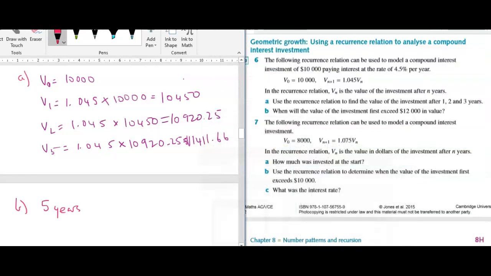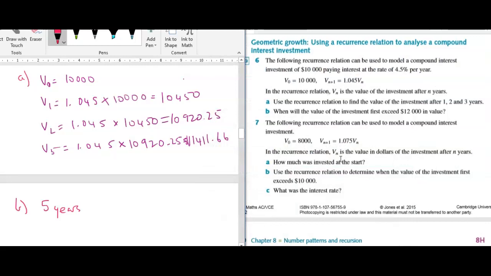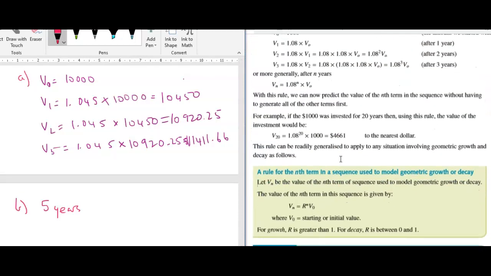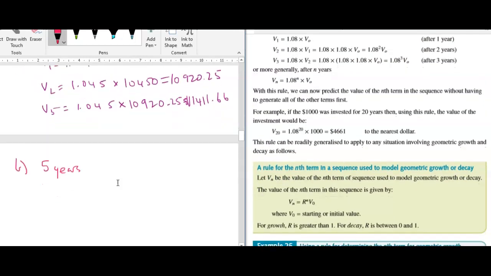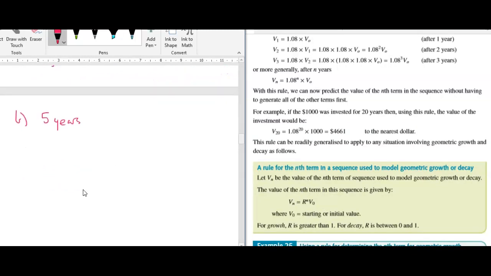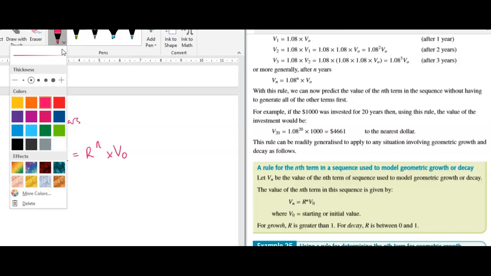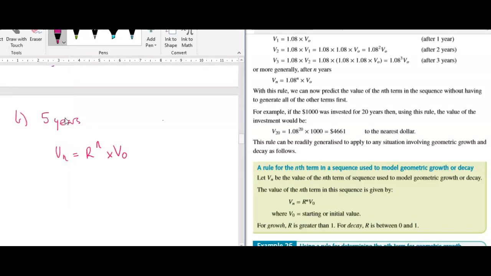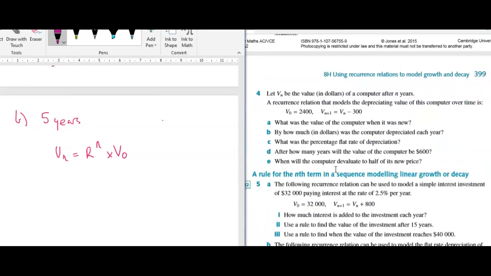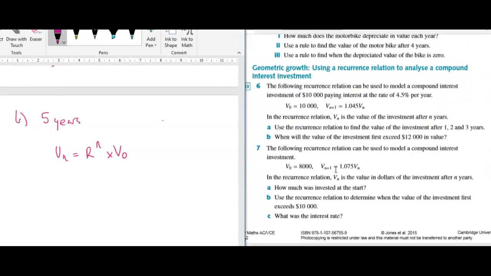Now, if you wanted to use the rule like I did before, remember this is just a recurrence relation, but I had to refer back to it. So Vn equals R^n times V0. We wanted Vn to be 12,000, or first exceed 12,000.